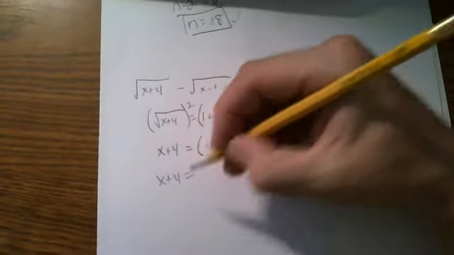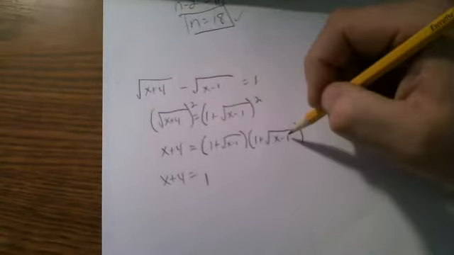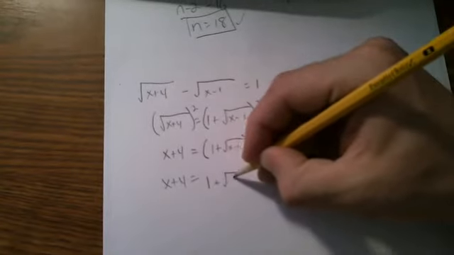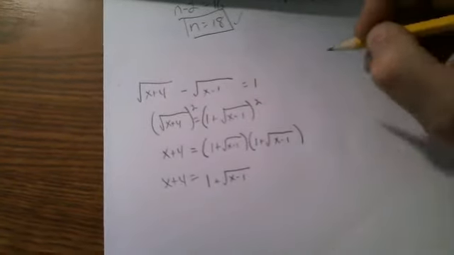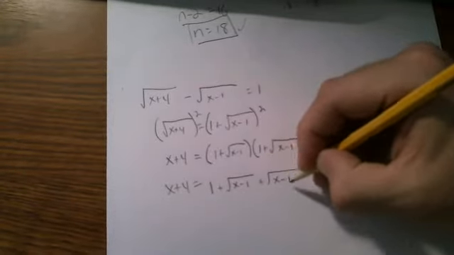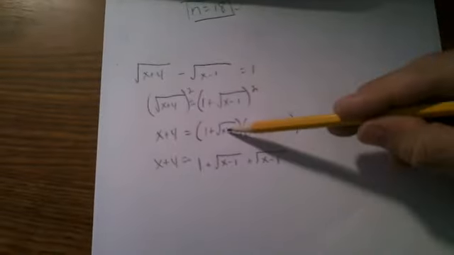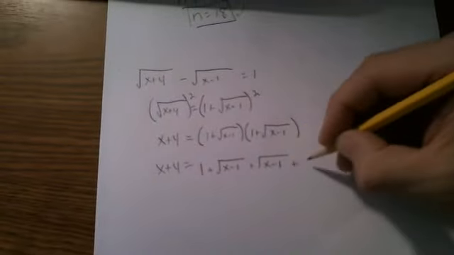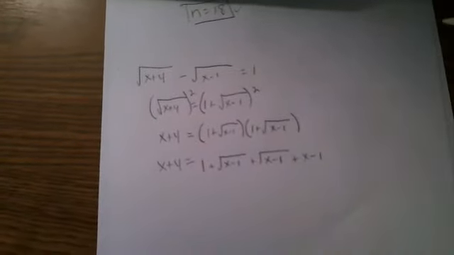Bring x plus 4 down. 1 times 1 is 1. 1 times radical x minus 1. Radical x minus 1 times 1. Another radical x minus 1. And radical x minus 1 times radical x minus 1. Just x minus 1. So now let's combine like terms wherever possible.